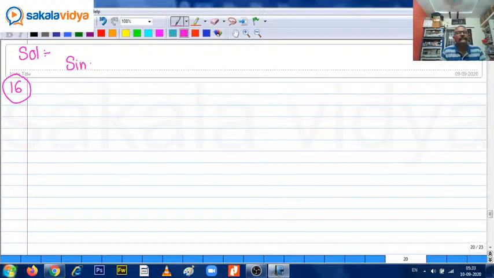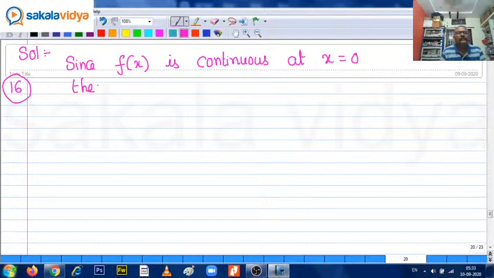Since f of x is continuous at x equals 0, then f of 0 equals limit x tends to 0 of f of x.